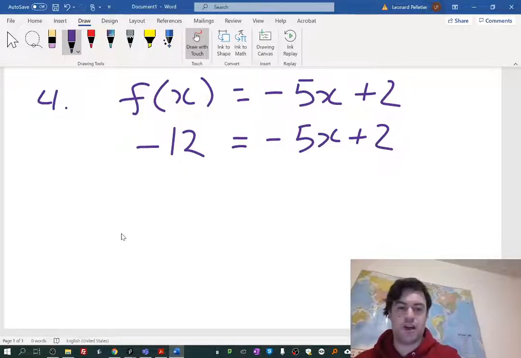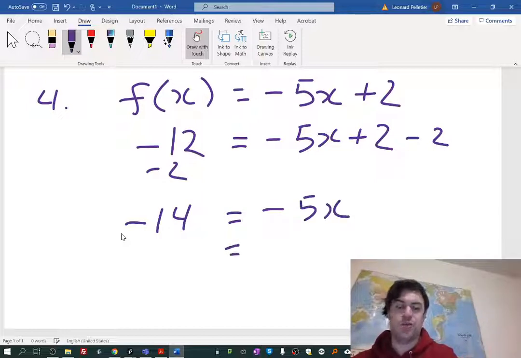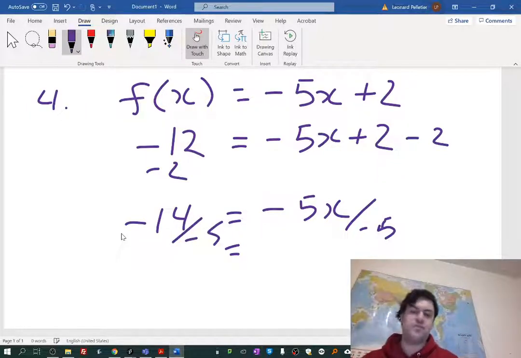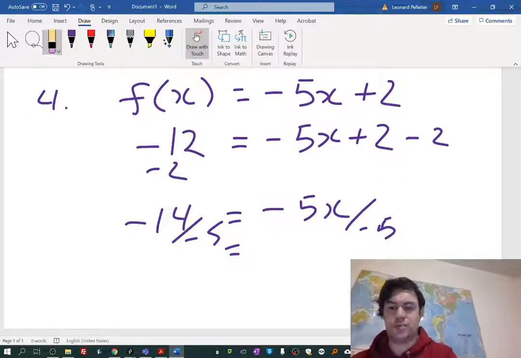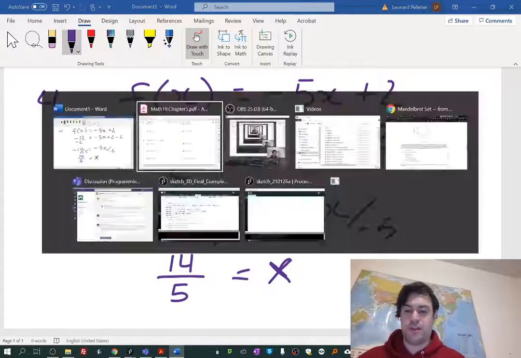So maybe I'll subtract 2 from both sides to get rid of this 2. So minus 2 gives me minus 14 equals negative 5x. Then I divide both sides by negative 5. Can't really divide 14 by 5 very nicely, so we'll just end up getting a fraction. The negatives cancel out, so x is going to equal 14 over 5. And that's a totally fine answer for us. So there we go. That's what we do.